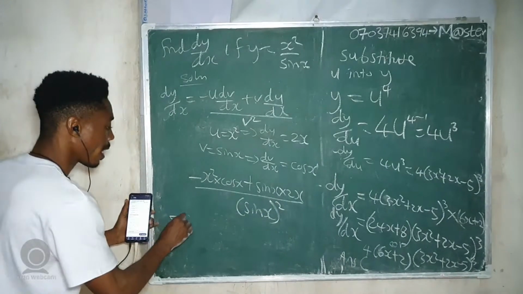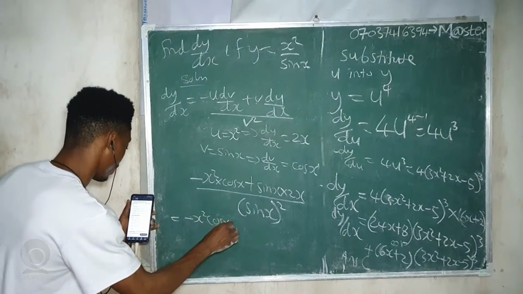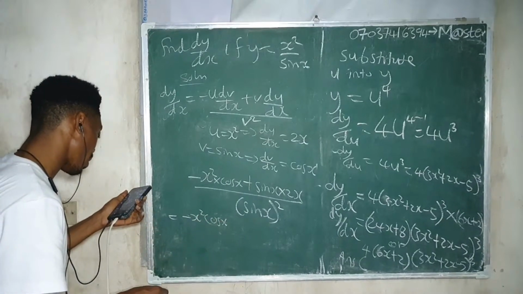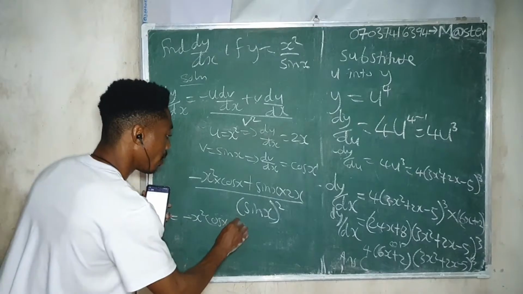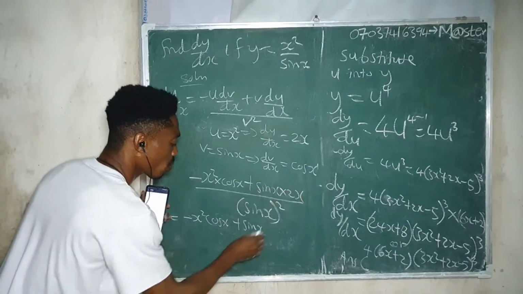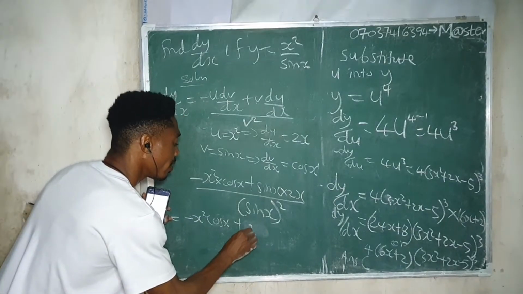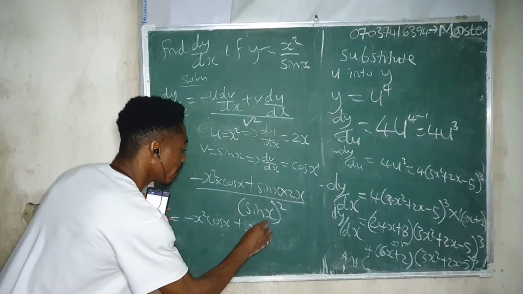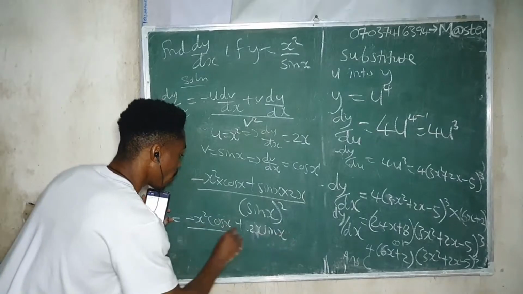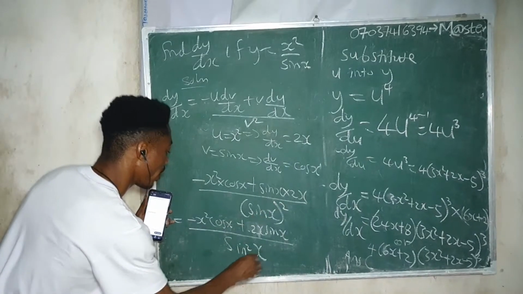So my answer will be minus x squared cos x plus sine x times 2x, which is 2x sine x, not sine 2x squared, all over sine x all squared, which is sine square x.